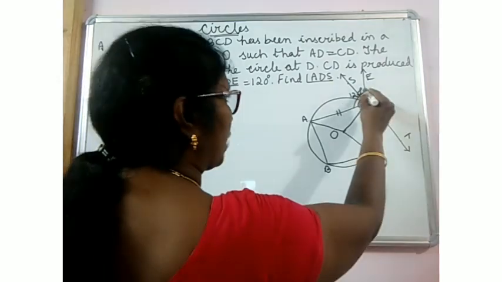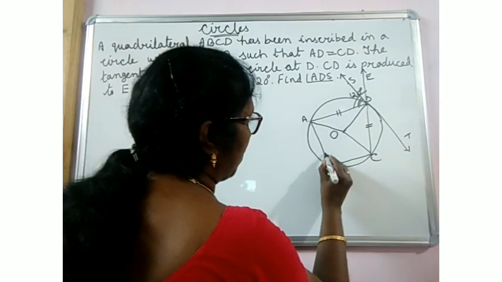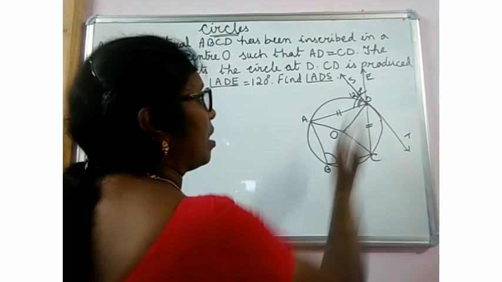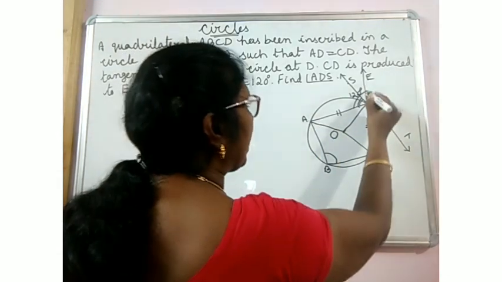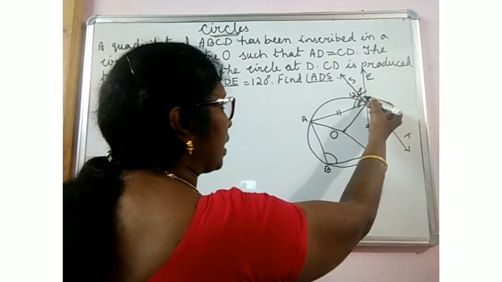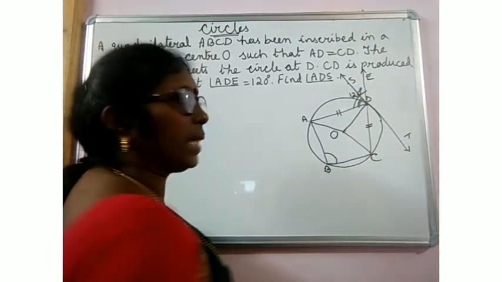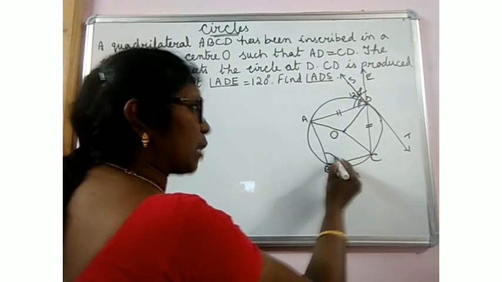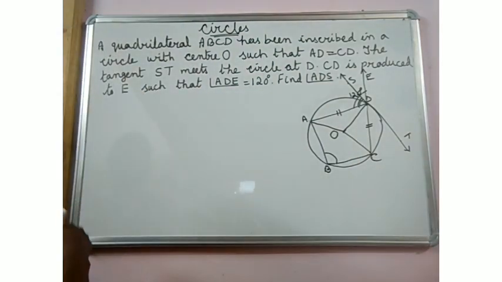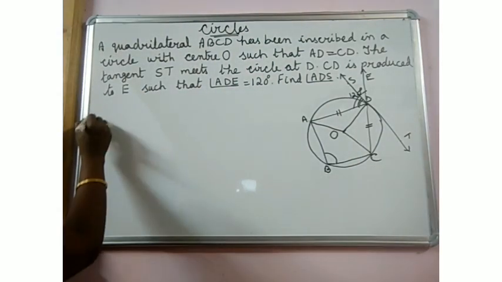So if this is 120 degrees, angle ABC will be 120 degrees. For this quadrilateral ABCD, angle ADE is an exterior angle, and angle ABC is the interior opposite angle. Let me write that and show you. Your solution.